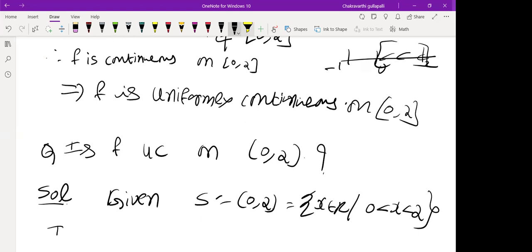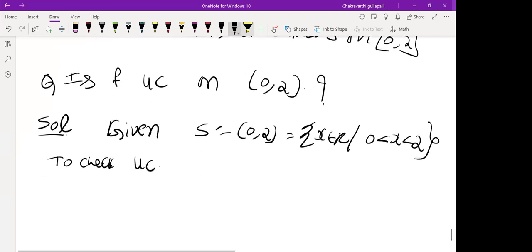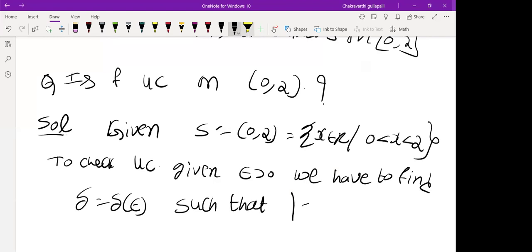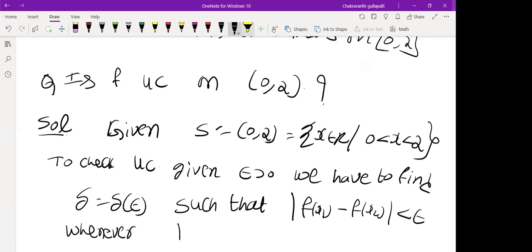To check uniform continuity, given epsilon, we have to find delta depending only on epsilon, such that |f(x1) minus f(x2)| is less than epsilon whenever |x1 minus x2| is less than delta.